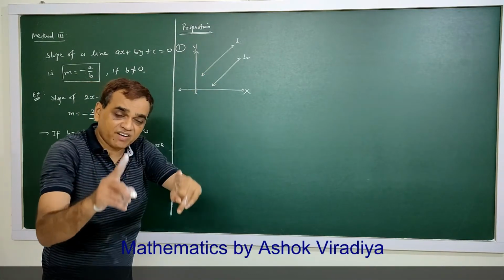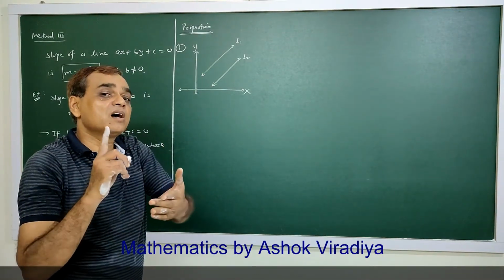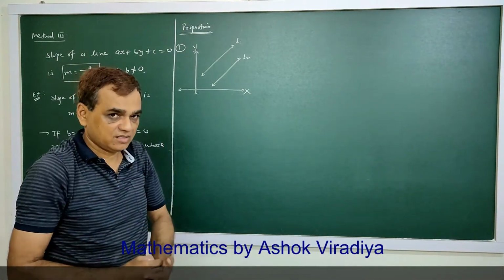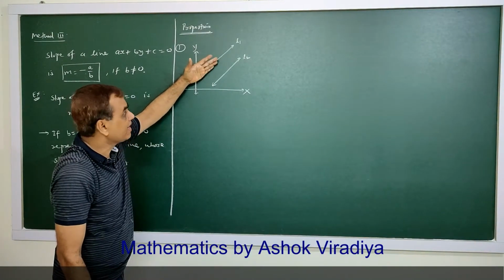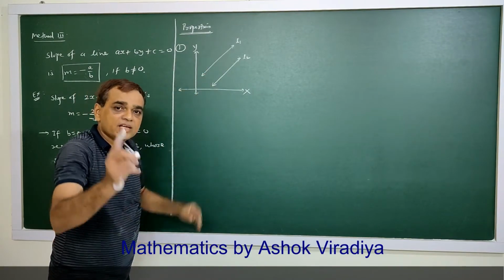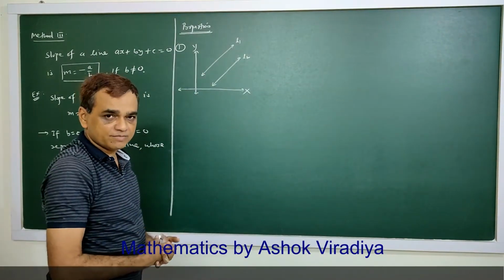But slope is defined only if the line is not vertical. So if neither of the lines is vertical and they are parallel, then their slopes are equal.